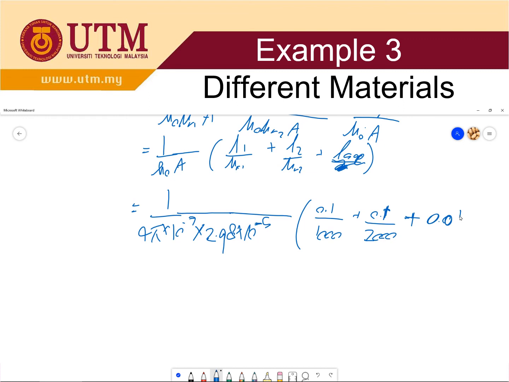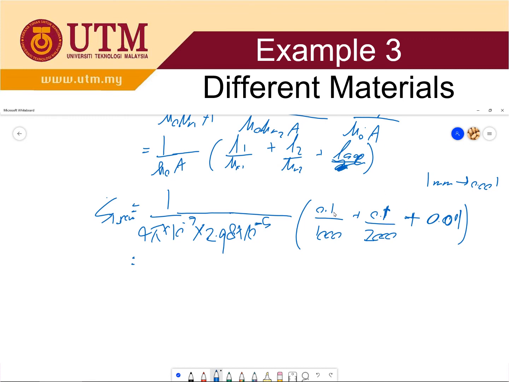Okay, 0.001. Be careful, 1 millimeter is 0.001. So the S total new is this, and this one is added.